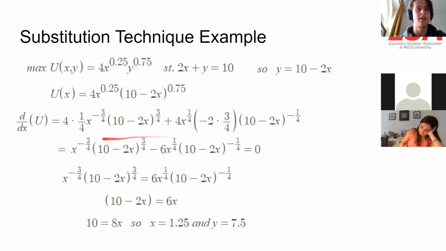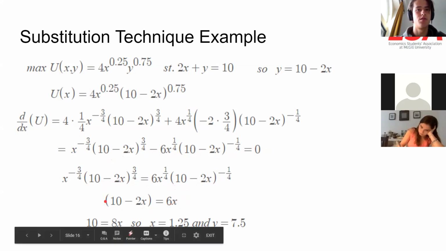All right, if you end up simplifying all of those, you get to this. By adding 6x to a quarter times 10 minus 2x to the minus quarter to both sides, you get this equation, which you can then simplify to this by multiplying by x to the minus 3/4.